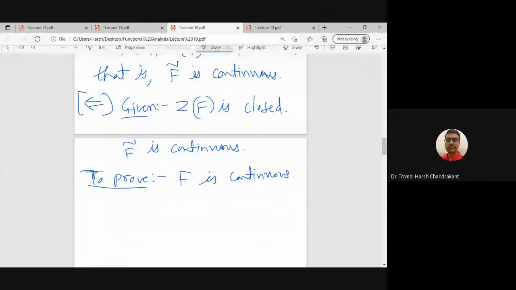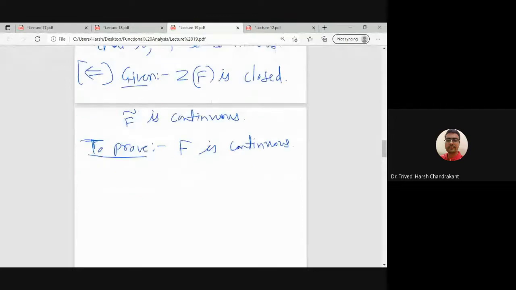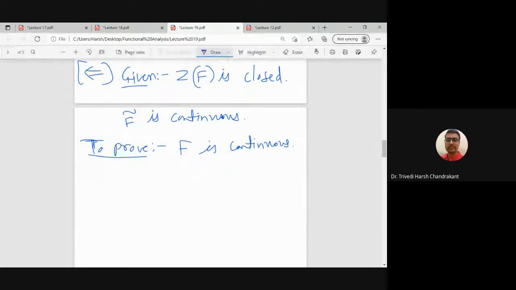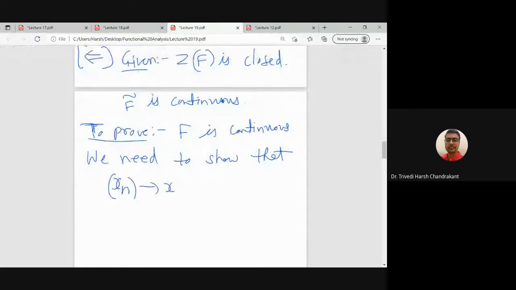Right, so to prove f is continuous, what we need to show is that whenever xn converges to x, f(xn) converges to f(x). So this we need to show.